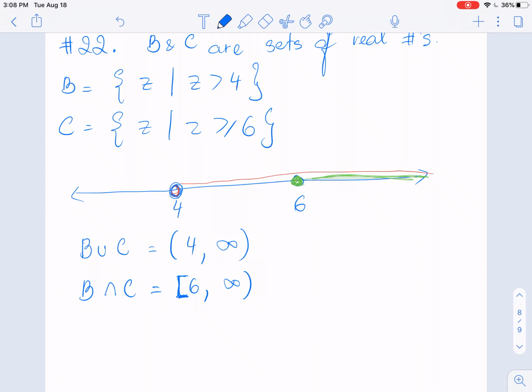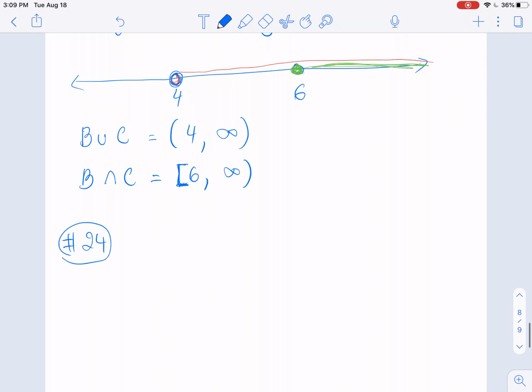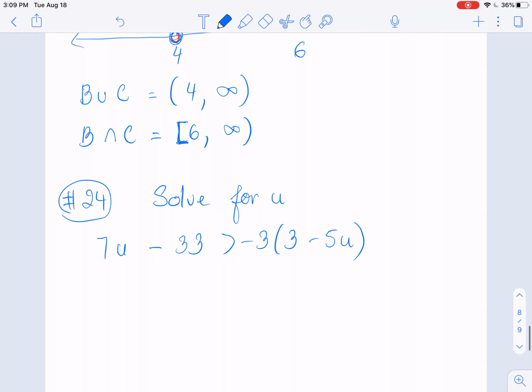Okay, let's take a look at number 24. Number 24 is straightforward, which is solving the inequalities. So for u: 7u minus 33 greater than negative 3 minus 5u. When solving inequalities, you use all the same rules as equations.